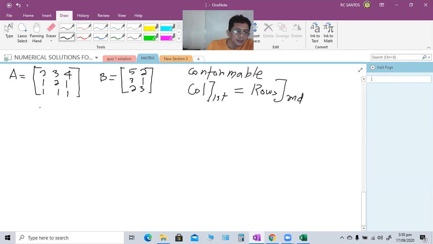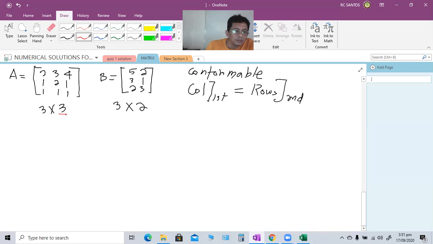So halimbawa ito. This is 3 rows by 3 columns. Ito naman, 1, 2, 3, 3 rows by 2 columns. Okay? So yung column ng first, let me change the color.